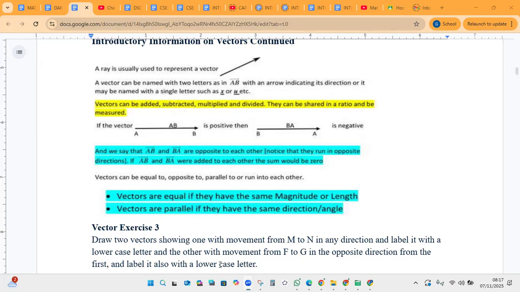So there's a sense of parallelism in the lines that are drawn for vectors. The only difference is that the arrow will be pointing in the opposite direction, but the line itself of the vector will be parallel to each other.